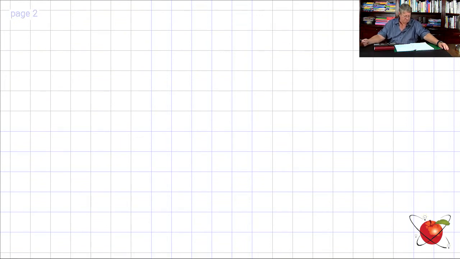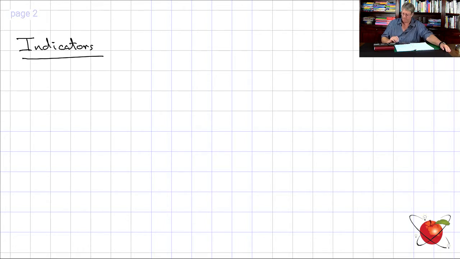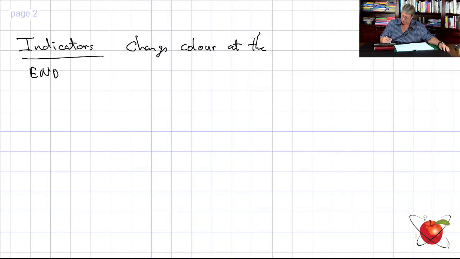The next one is an end point and an indicator. Let's first look at indicators. An indicator is a liquid that changes color at the end point of a titration.